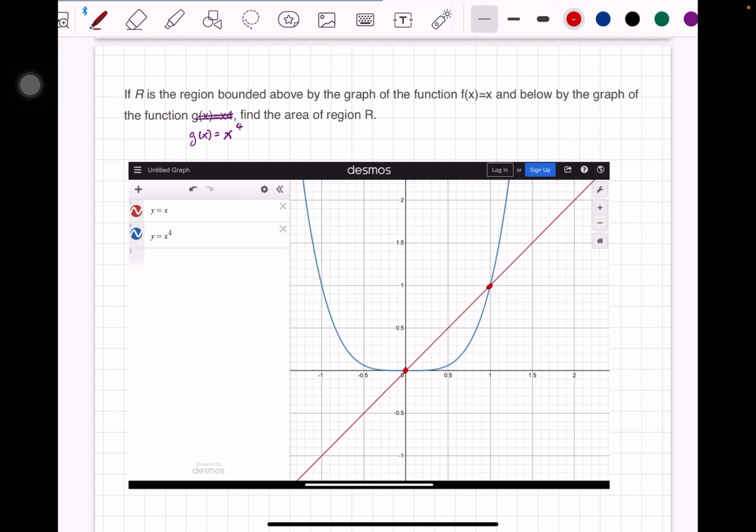Now, this problem didn't give us the interval, but from the graph, we see that the two functions intersect at those two points. So the region we're looking for is the enclosed section between the intersections, which is the one we have on the screen.